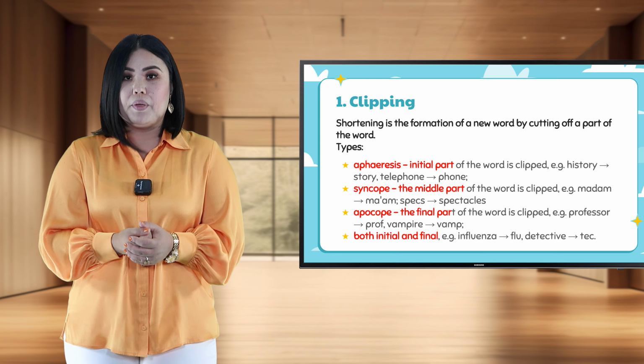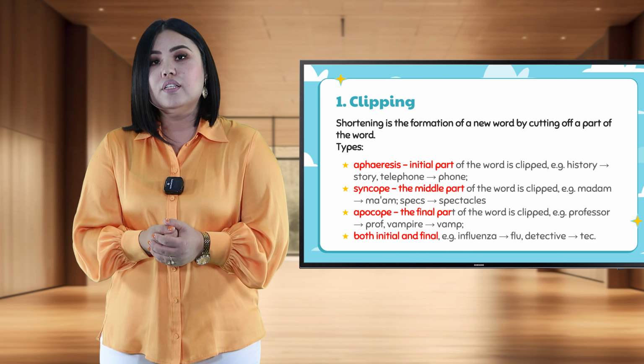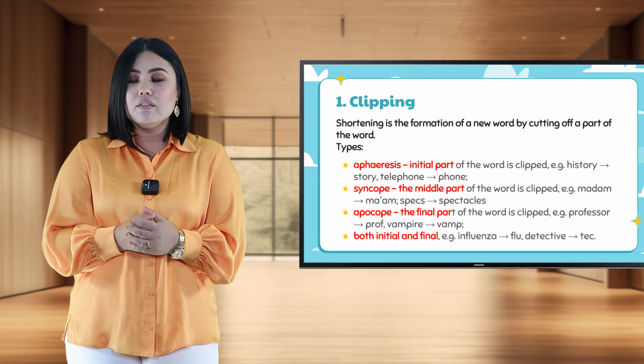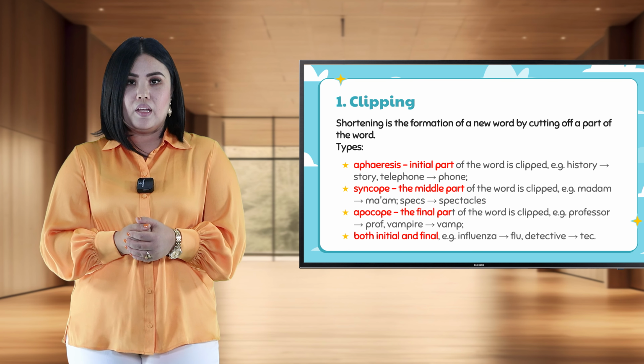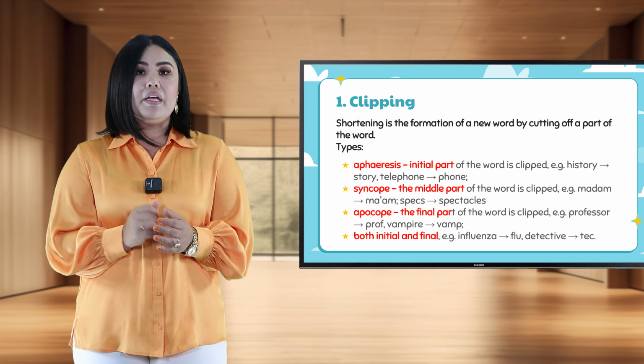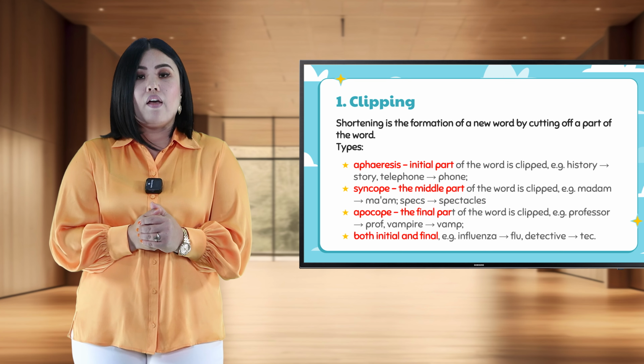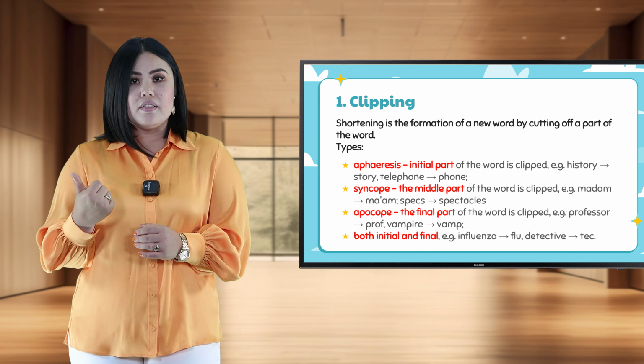What is clipping? Reduction of a word up to a syllable is called clipping. We have four main types of clipping in modern English. They are apheresis, syncope, epicope, and complex clipping.